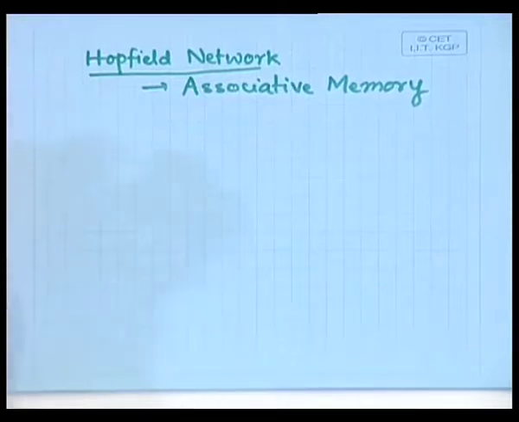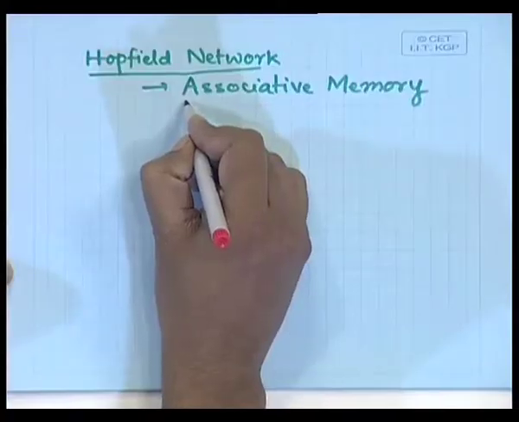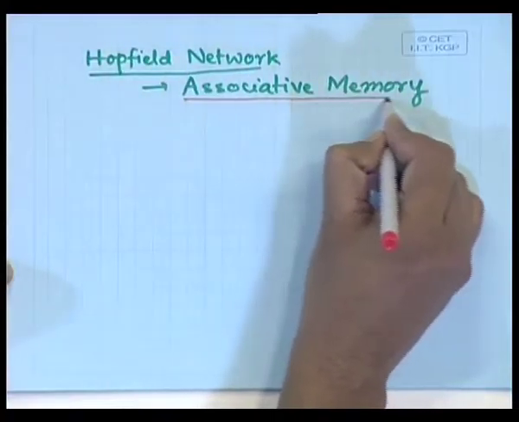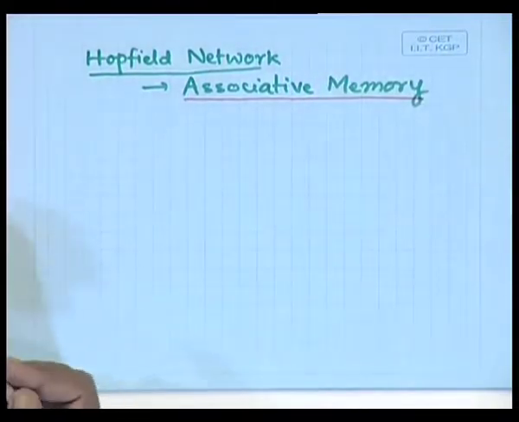Now, what is this associative memory? You find that suppose you have met one of your school level friends at this age, okay, possibly after your fourth standard or fifth standard, you have not met him at all, right? And you find that during this period there has been lot of change, right?